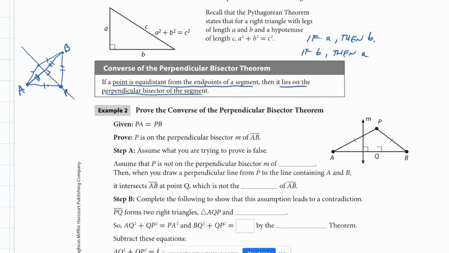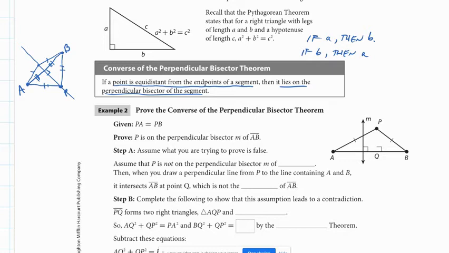So converses aren't always true, even if the original statement's true. It's not always true if we read the statement the other way. For example, if I said, if it rains, then my car will get wet. That's a true statement because my car's outside. If it rains, it's going to get wet.